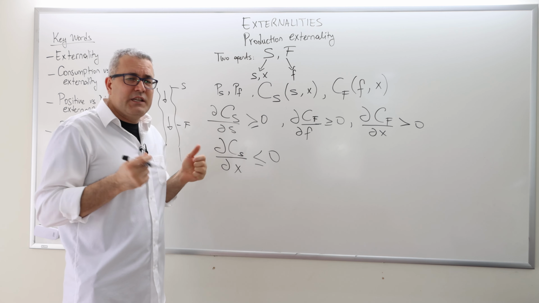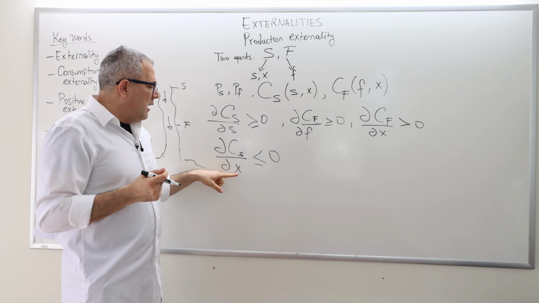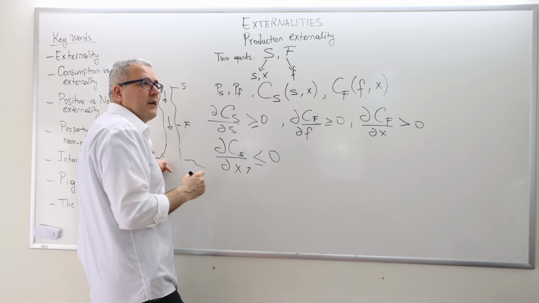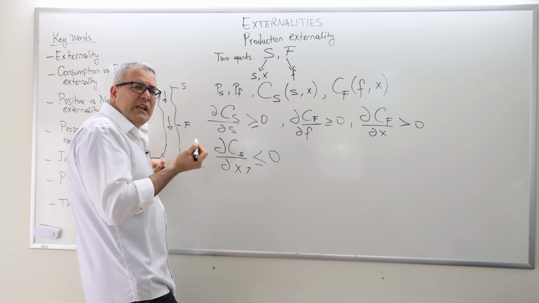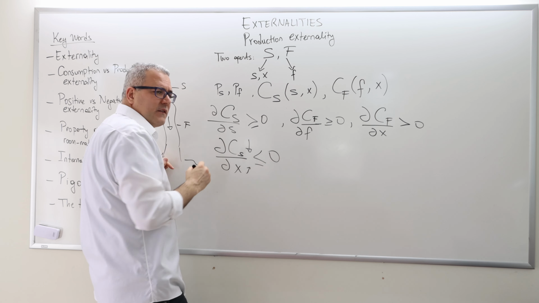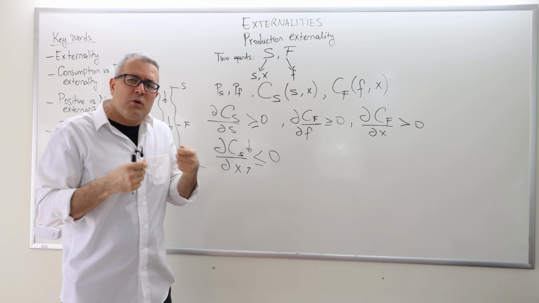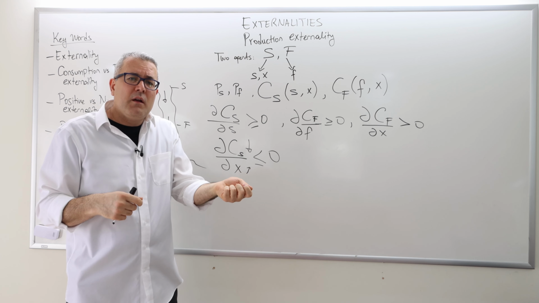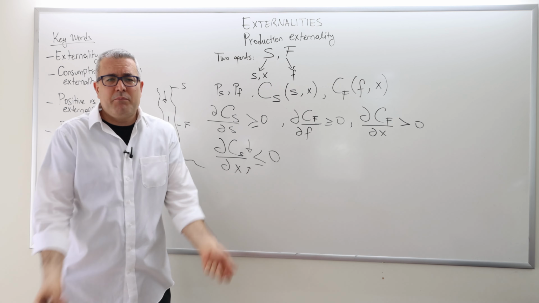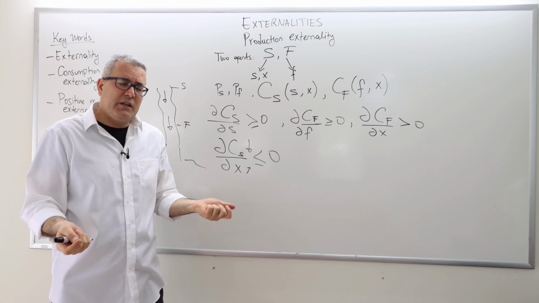Once again, the intuition is the following. The more pollution there is, the less cleaning you're going through, and therefore your cost is going to be less. The more waste you dump, the less cleaning you have to do; you just dump all the pollution you're generating.